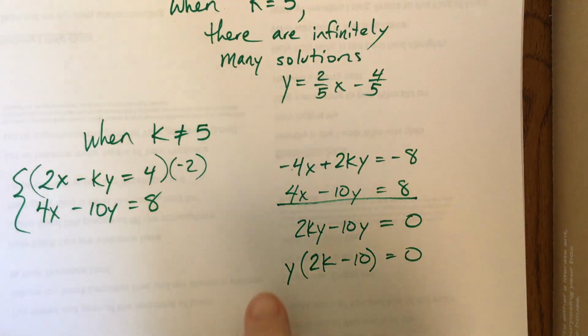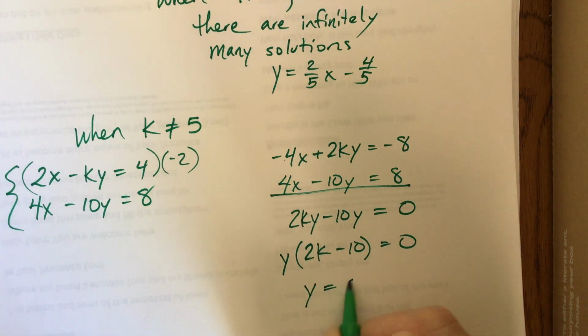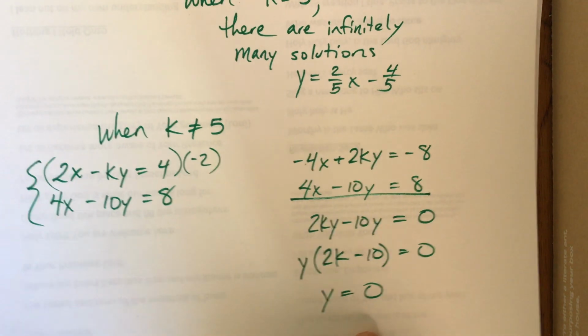To solve for y itself, I need to divide, but 0 divided by anything is still just 0. So my y value here is equal to 0. I worked through this problem earlier and got a little confused, so let's finish this thought and then come back to see what it means.